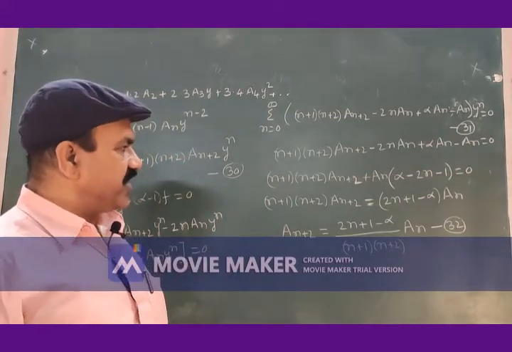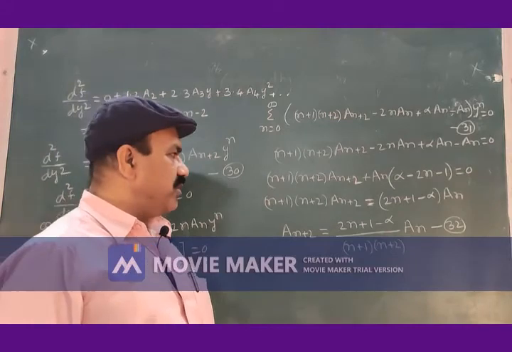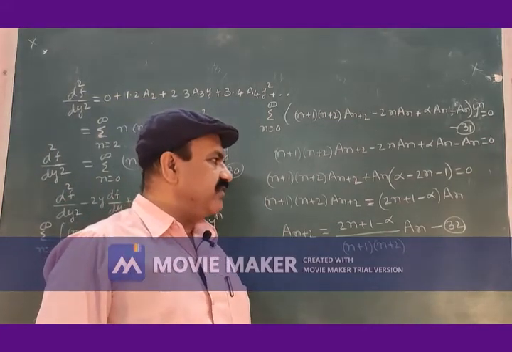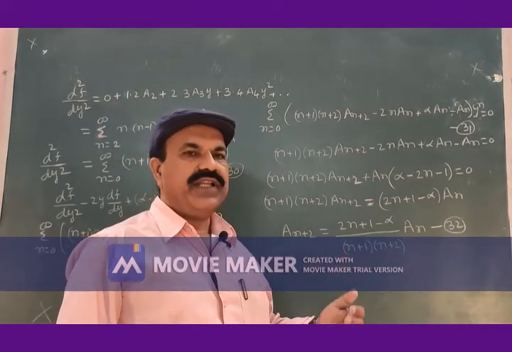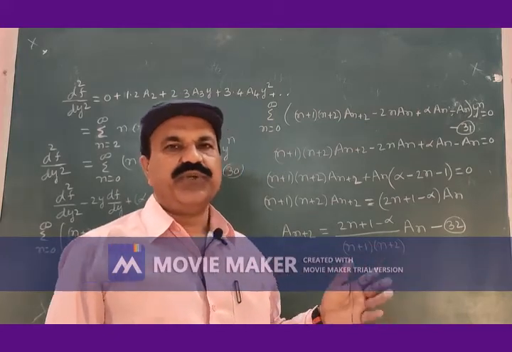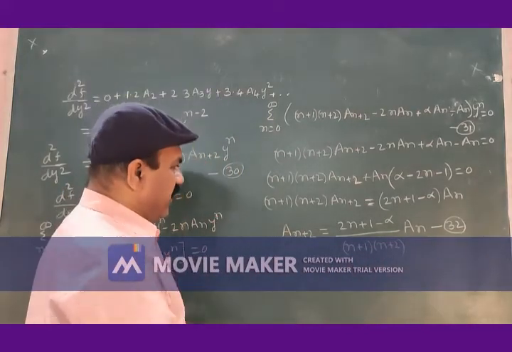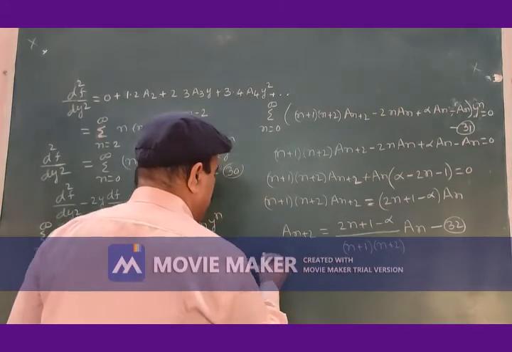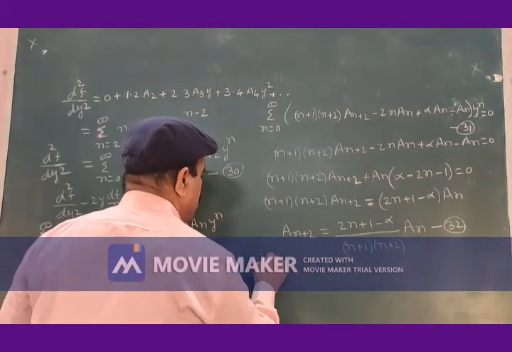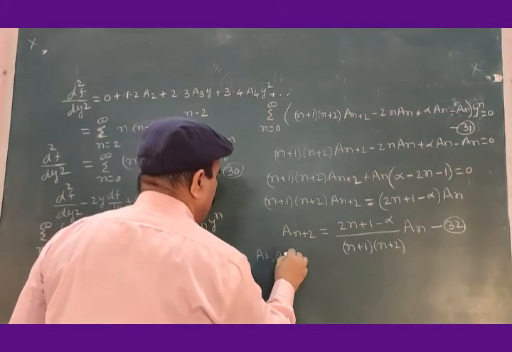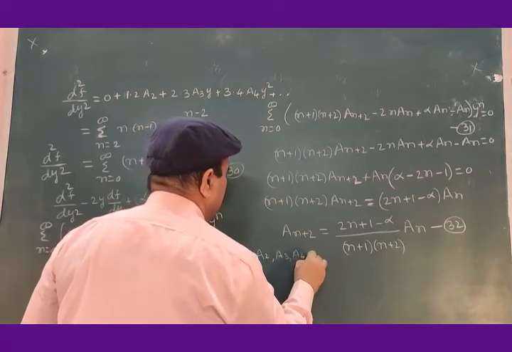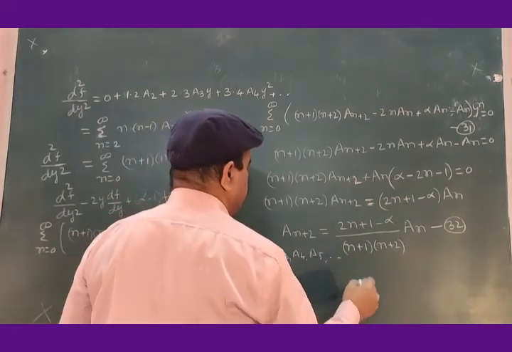This recurrence relation can be solved to get values of a2, a3, a4, a5 and so on.